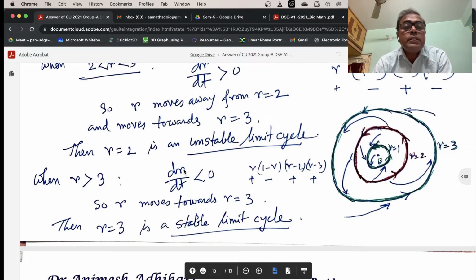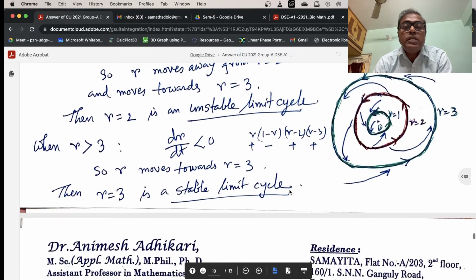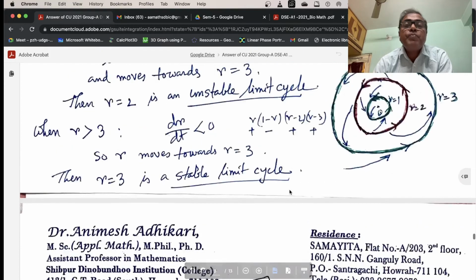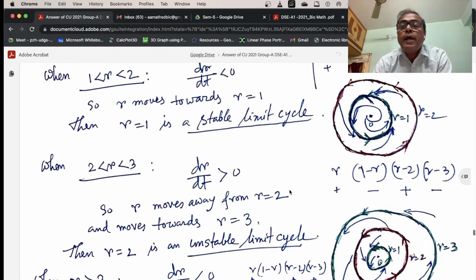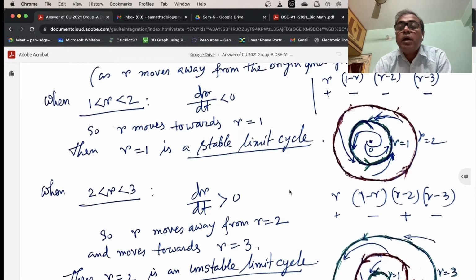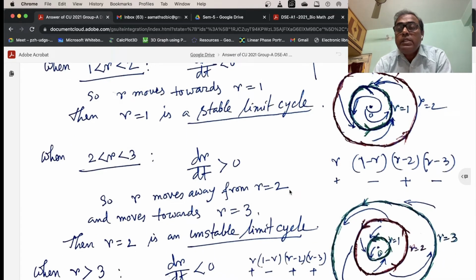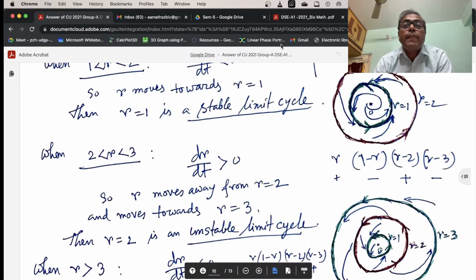So r is a decreasing function of time t, and r moves towards r = 3. In the outer region of r = 3, the trajectories go to the circle r = 3, so r = 3 is a stable limit cycle. So we get 3 limit cycles: r = 1, a stable limit cycle; r = 2, an unstable limit cycle; and r = 3, a stable limit cycle.